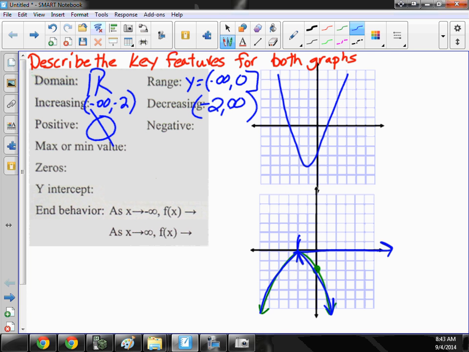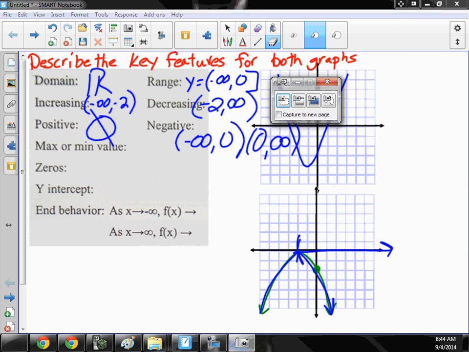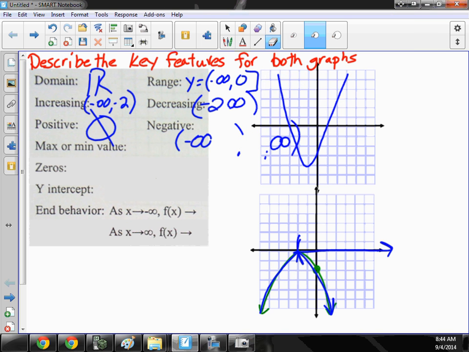Where is the graph negative? One way to list it is negative infinity to -2, and then from -2 to infinity. How would you describe that if I asked which numbers are part of the negative portion? Everything but -2.